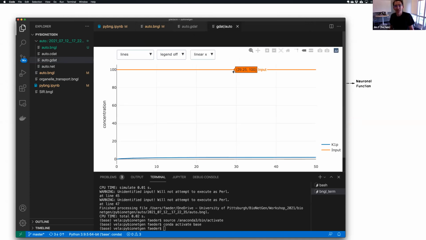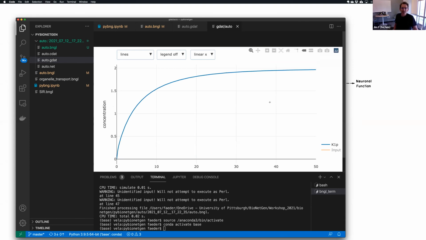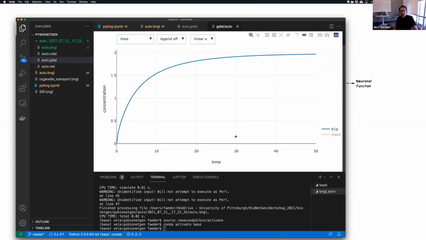And I defined this extra variable, the input, which we don't need for this. That's just to demonstrate the function display. Double click. And we could just see the very simple dynamics. This is time on the x-axis and the concentration of K1P.